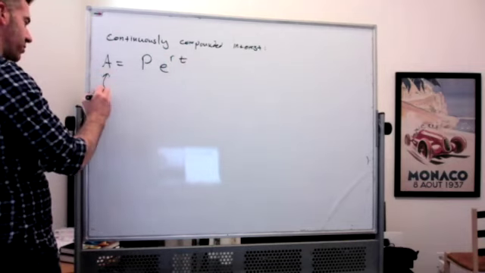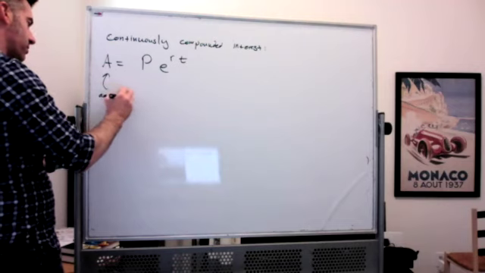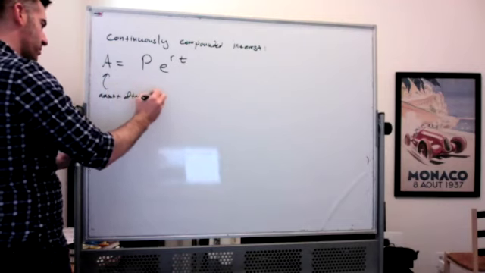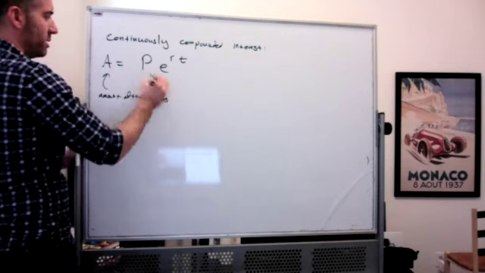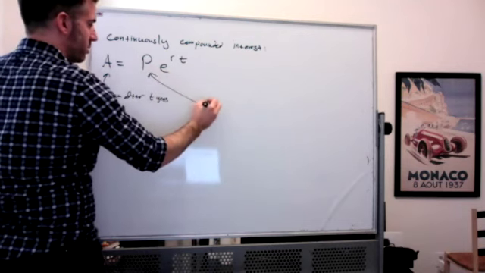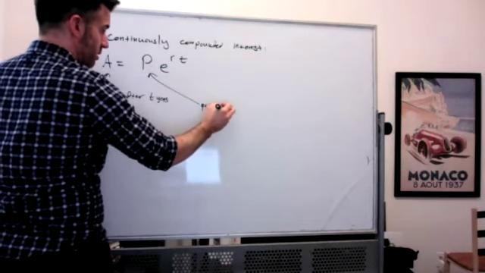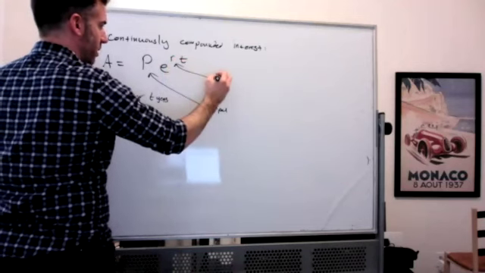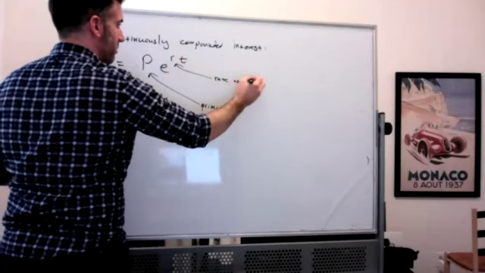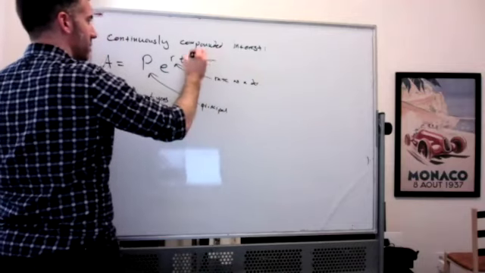A is the amount after T years. P is the principal. E is the number E. R is the interest rate as a decimal, and t is the number of years.